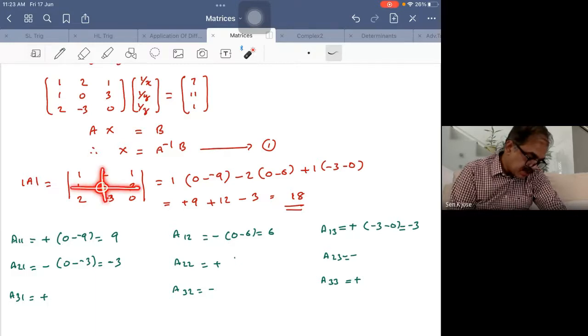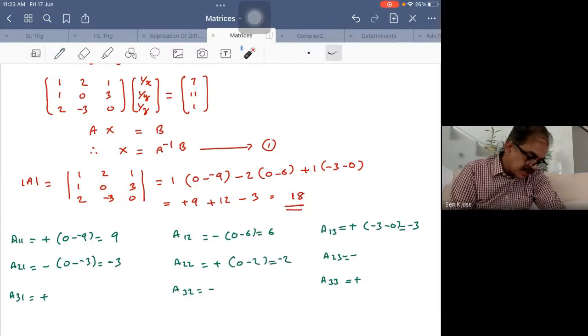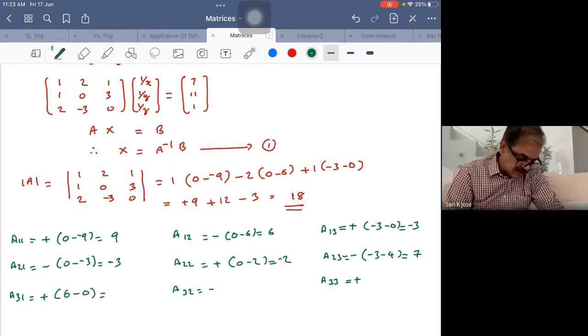Delete the row and the column it contains. Cross multiply, 0 minus 2. Then A23, it's here. Delete the row and the column. Cross multiply, minus 3 minus 4. And A31 will be, delete the row and the column. Cross multiply, 6 minus 0, which is 6.